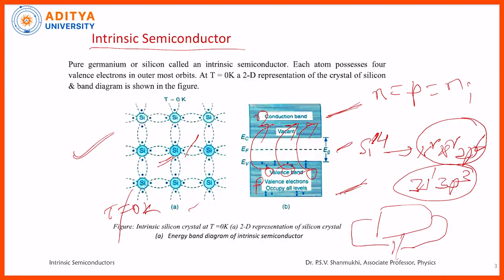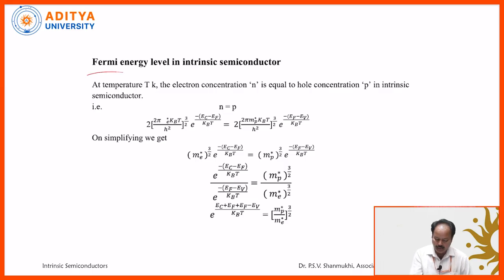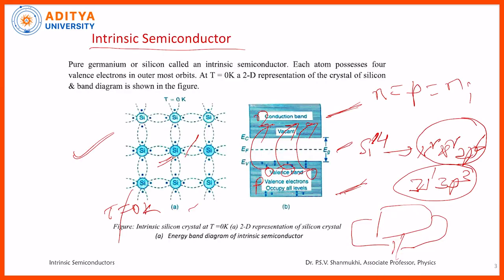Now I am going to derive the expression for the Fermi energy level, where the Fermi level lies. If you observe this diagram, the Fermi level lies exactly at the center of the forbidden energy gap. How do we derive this? As already said, n is equal to p is equal to ni, the number of electrons equal to the number of holes, at T not equal to 0 K, or T greater than 0 degree Kelvin, at any temperature.